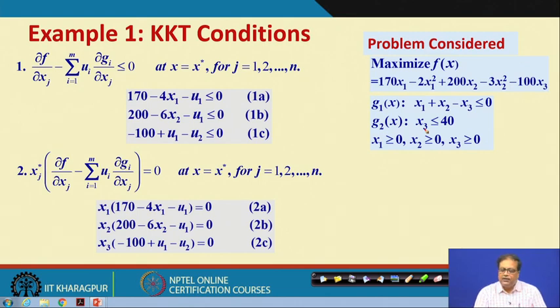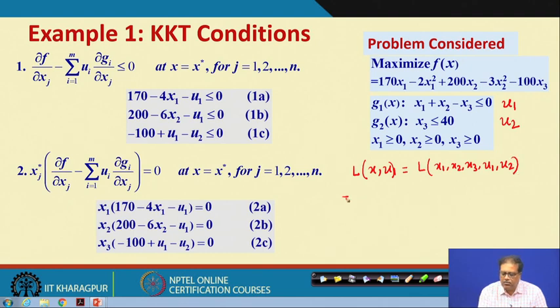Let us take two multipliers, u1 for the first constraint and u2 for the second constraint, that is, g1(x) and g2(x). Then we can write the overall function L of x, u1, u2, which is L of x1, x2, x3, u1, u2.